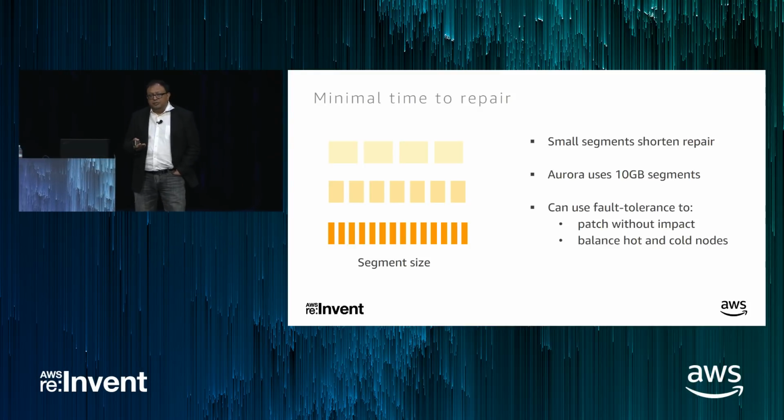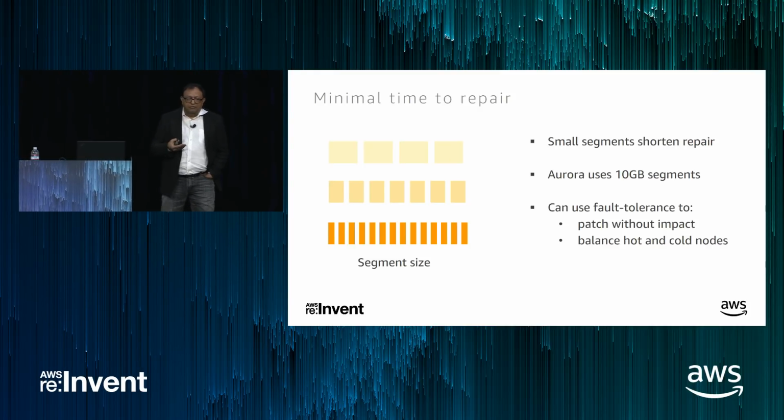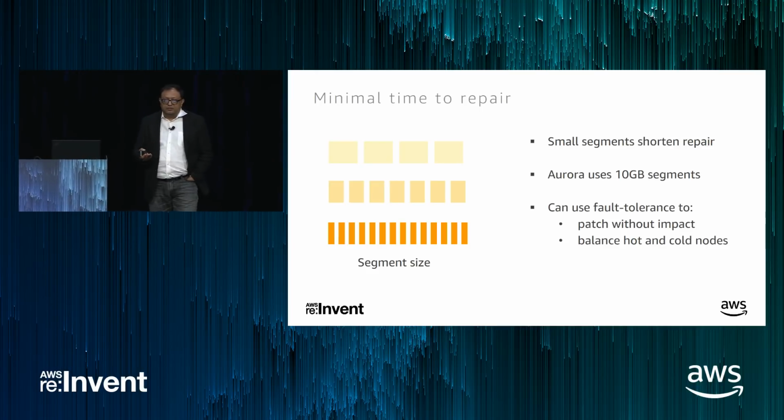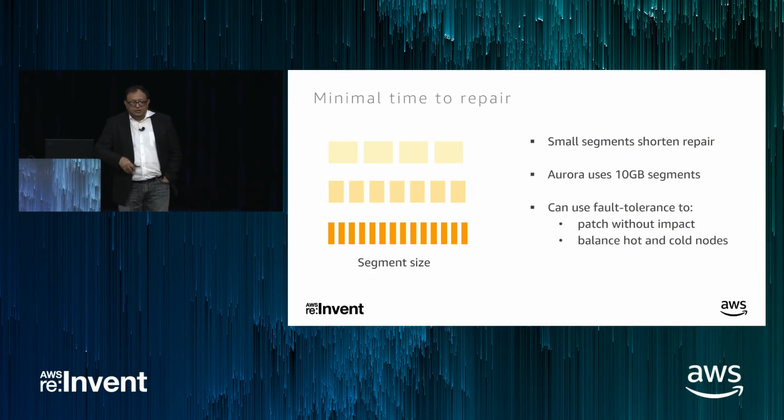Now the nice thing about doing things where you have a high fault tolerance threshold is that you can use it not just for these catastrophic events, not just for the ongoing problems that occur in the large fleet, but you can also use this as a mechanism to just repair your system itself.